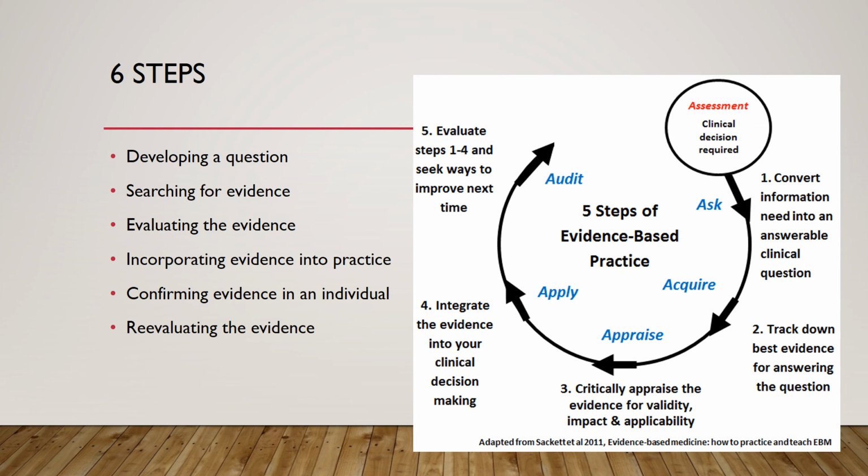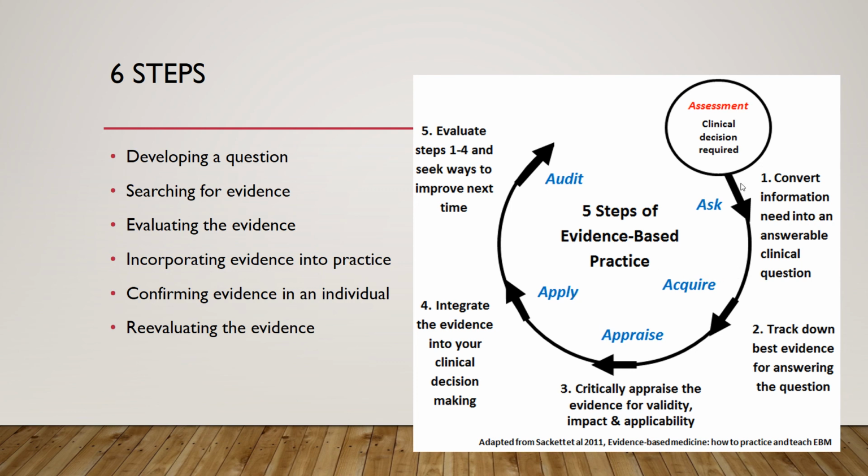With these steps of evidence-based practice, there are a few different ways to remember this, and I don't want anyone to get confused. Here on the right-hand side, this shows 5 steps, but on the left-hand side, it shows 6. I do want you to know the 6 steps, but it maps fairly well onto this graphical representation over here.